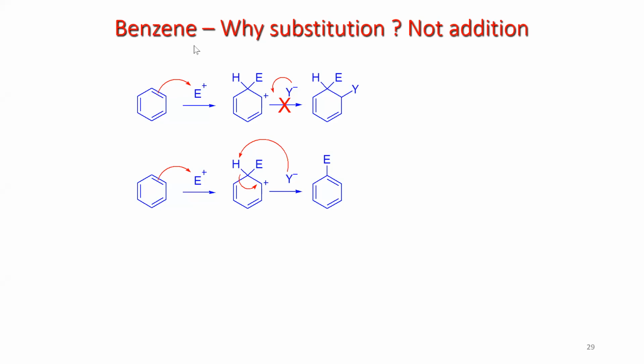So if the benzene ring is undergoing addition, something like this should happen, right? So the electrons are donated, and this electrophile is getting attached, and each carbon atom has a hydrogen here. Though we have not drawn it, each carbon atom has a hydrogen here, right? So that hydrogen is retained like this. And you get a positively charged carbon atom here, if this takes place. This is not going to take place because this situation is very unstable.